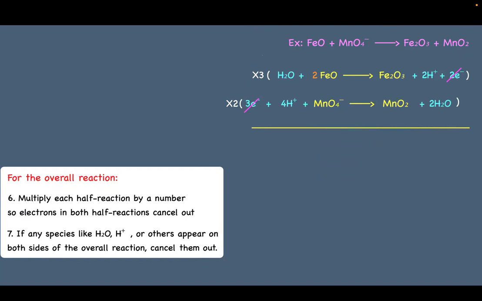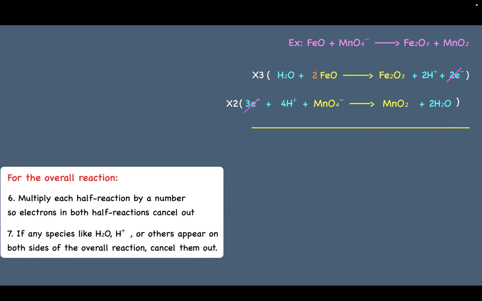So just keep in mind, when you have a 3 multiplied to the first equation, it's going to be multiplied to every single atom. So it's like a coefficient of every single one, basically. And the same thing goes for the 2 in the second equation. So 2 is multiplied by everything. And then one other thing to keep in mind is anything on the left-hand side will be added up together.